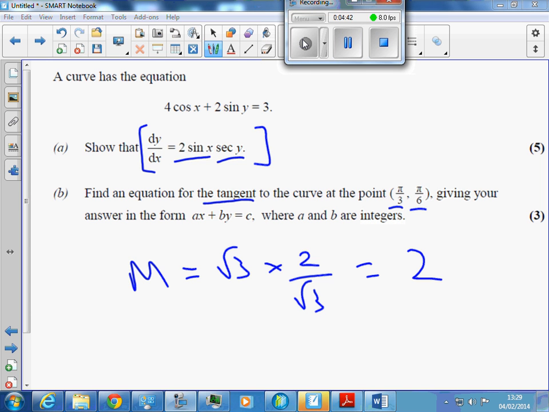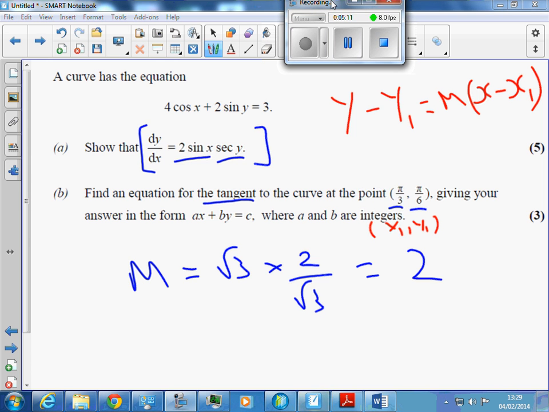And now we do the usual. I shouldn't have to remind you at C4, but I'll do it again. y minus y1 is equal to m times x minus x1. m is the gradient, which we now know is 2. This is your x1, and this is your y1. We are given a point on the line.